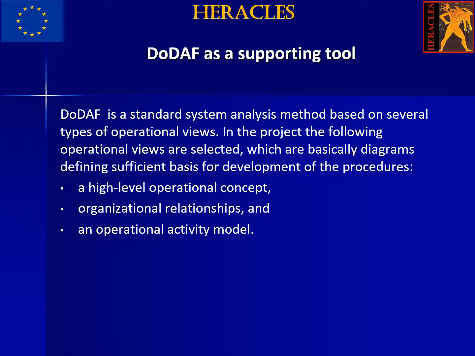The second operational view is organizational relationships defined by the organizational structure. Relationships usually exist between the organization that manages a cultural heritage and its sub-organizations. It also maps organization positions to the platform users' roles.